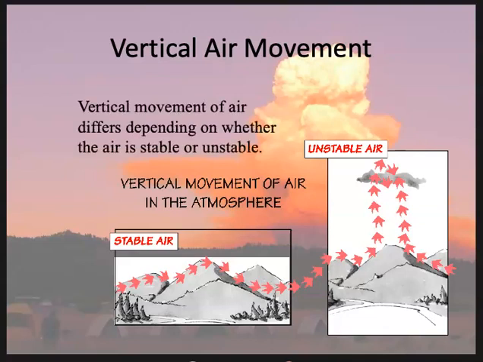Now, unstable air, however, we've got tons of vertical movement, and what's going up can also come down in our downdrafts. As the hot air goes up and expands, and as it cools, the moisture is accumulating and it reaches its dew point, and there's too much moisture in it.